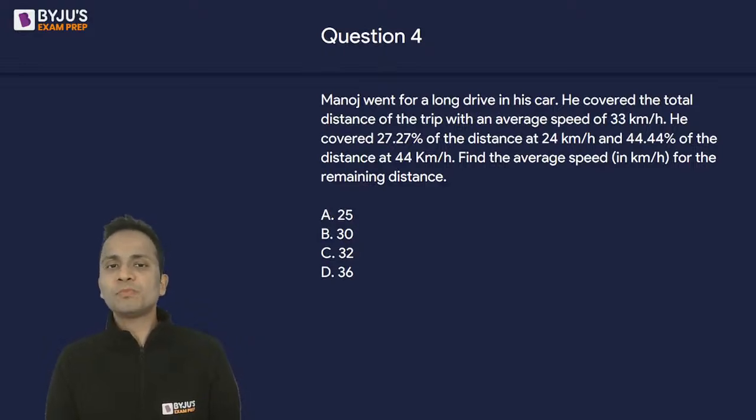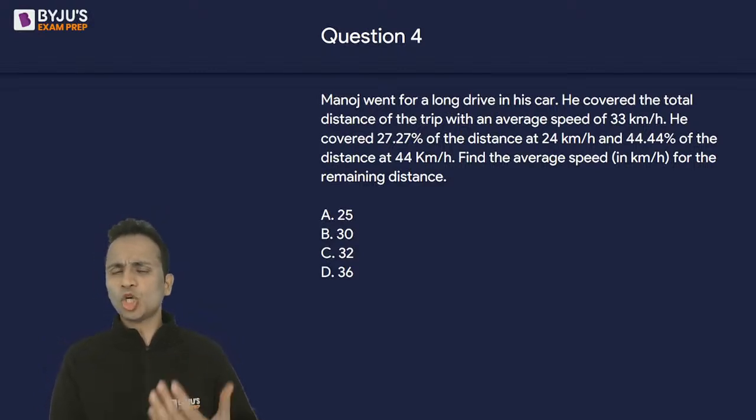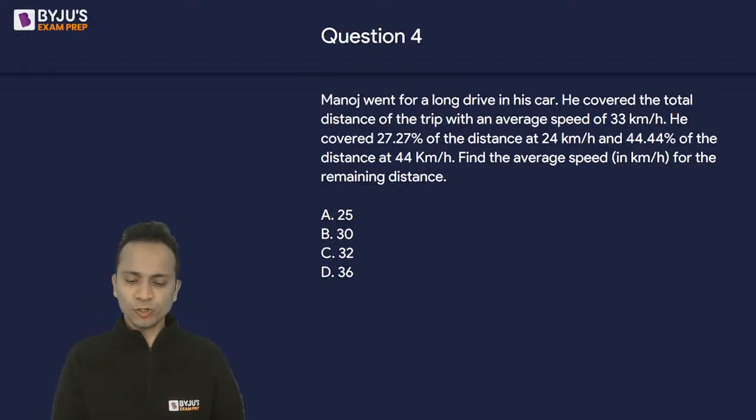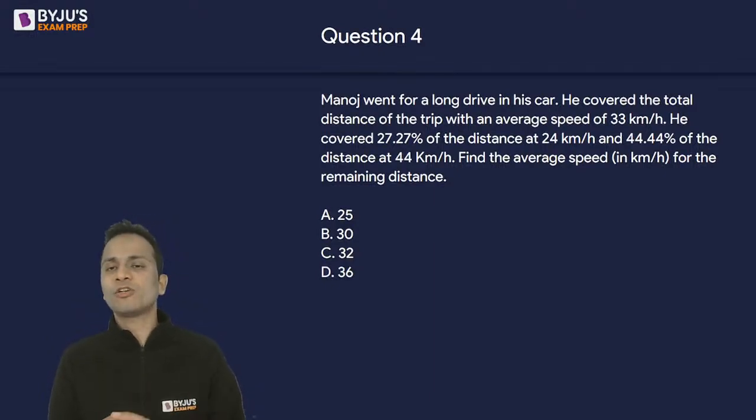Find the average speed for the remaining distance. A tricky question, but you can use some shortcut techniques that I'll be discussing to get the answer in a much faster way.